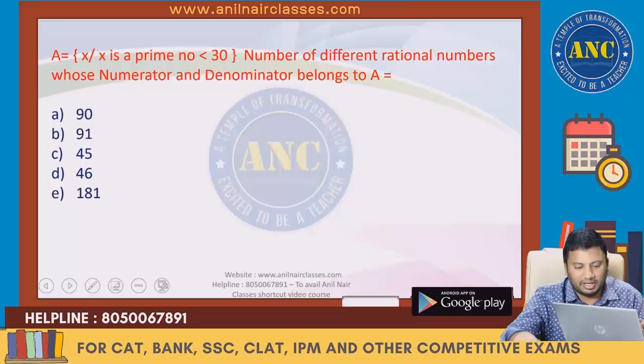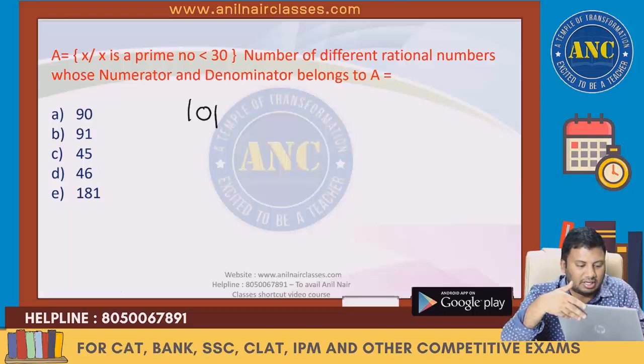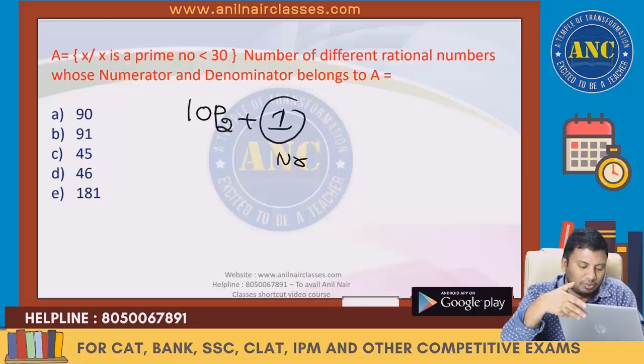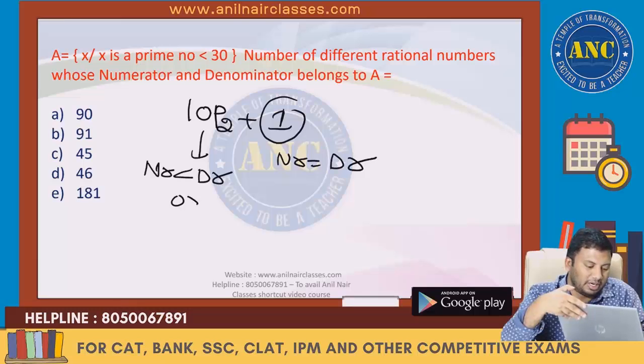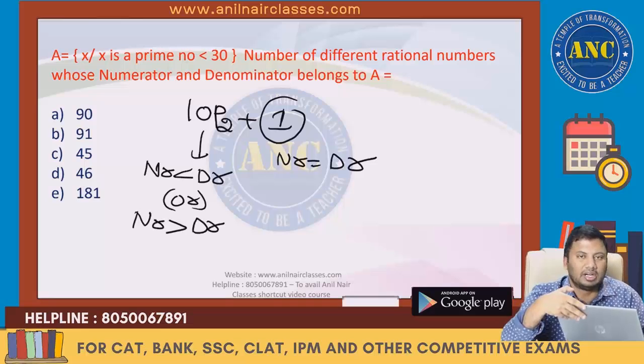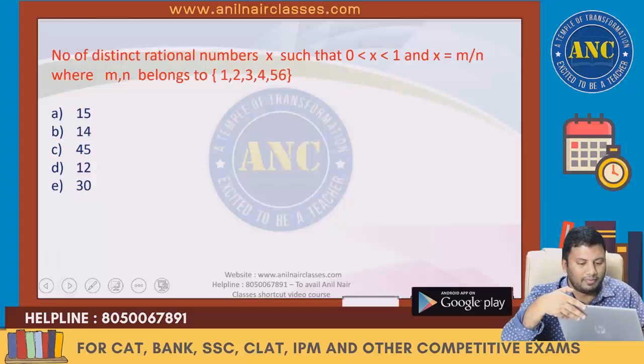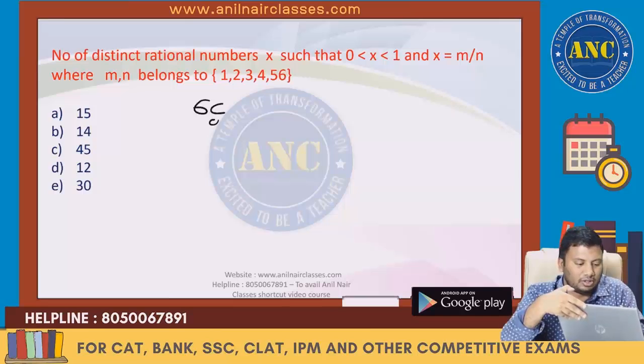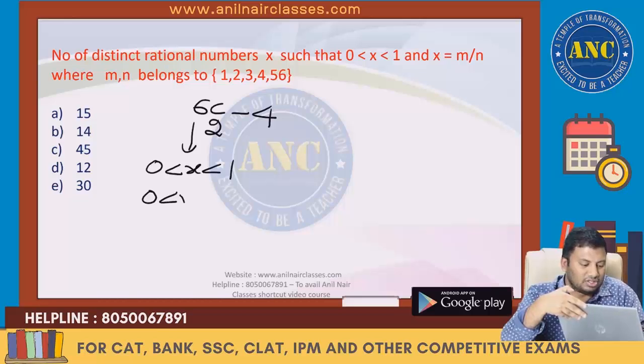Right? Number of different rational numbers: 10P2 plus 1. The 1 is when numerator is equivalent to denominator. 10P2 is numerator less than denominator or numerator greater than denominator. This is 6C2 minus 4, when 0 less than x less than 1, 0 less than m less than n.